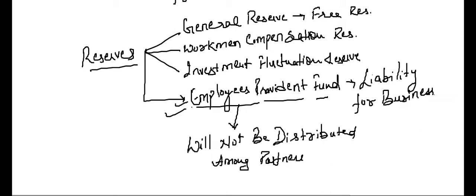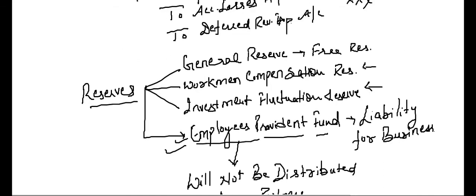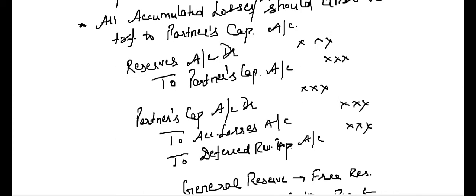Employee provident fund will not be distributed among partners because it is a liability for the business. In the next lecture, we will discuss in detail the workmen compensation reserve and the investment fluctuation reserve. We will talk about these two topics in detail. They need special attention. Clear? So, in a nutshell, this is how we'll be treating the reserves, the accumulated losses and deferred revenue expenditure. Clear?